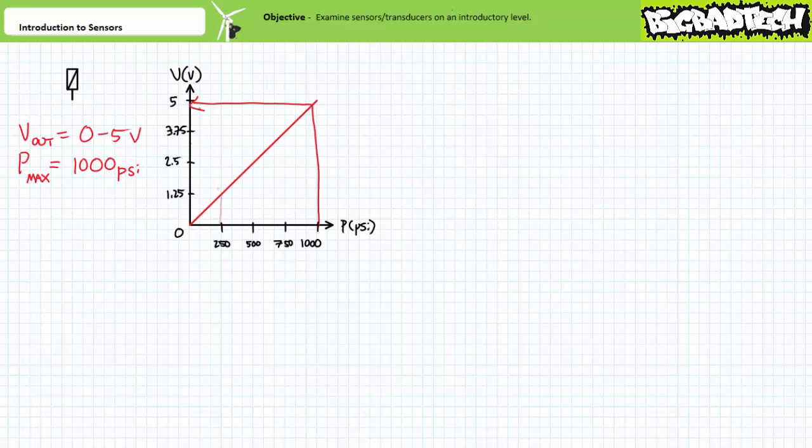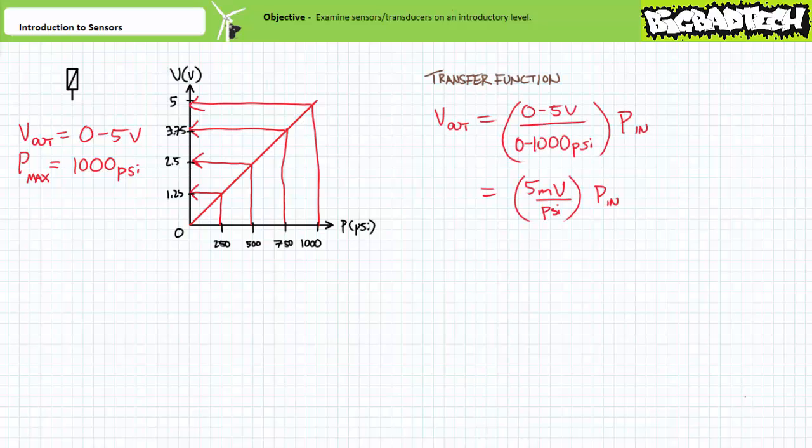Assuming linearity, an input of 250 psi corresponds to an output of 1.25 volts, an input of 500 psi corresponds to an output of 2.5 volts, an input of 750 psi corresponds to an output of 3.75 volts, and so on. The ratio of the output and input ranges is sometimes known as the transfer function.